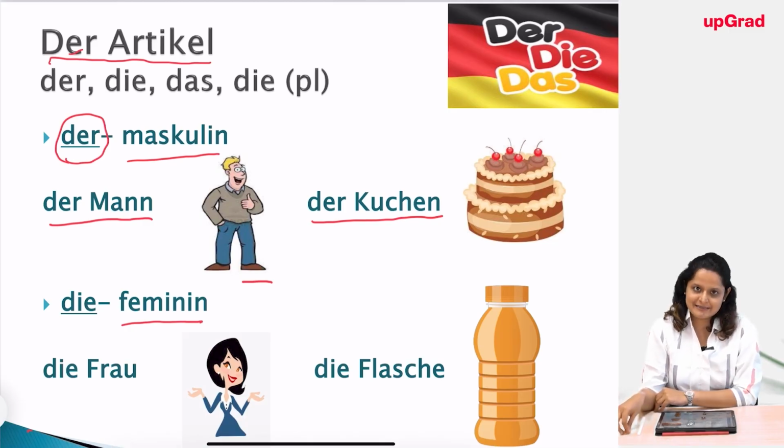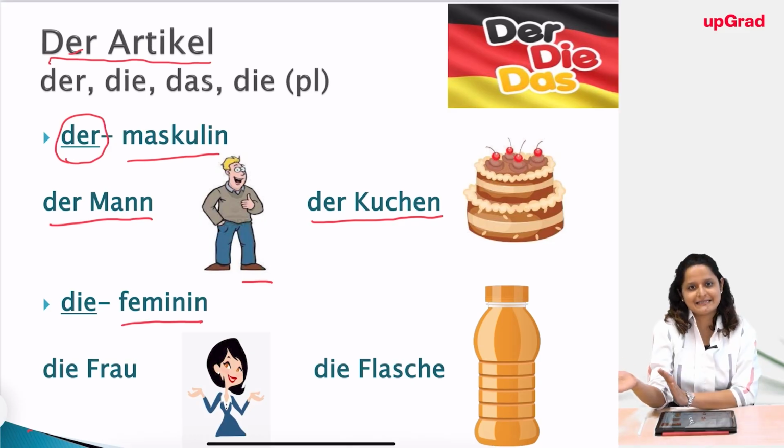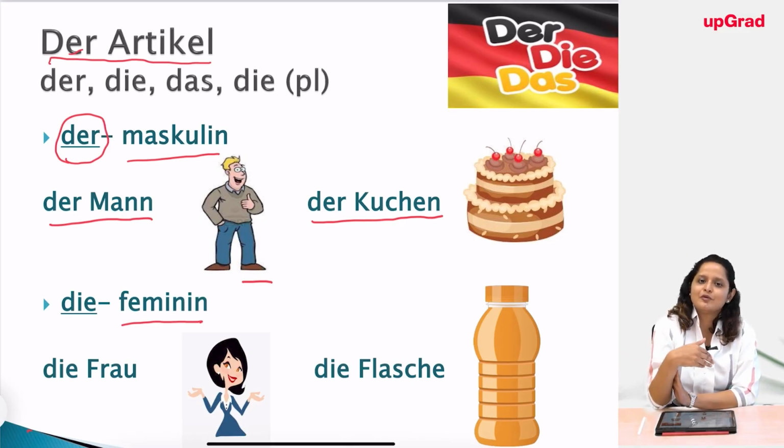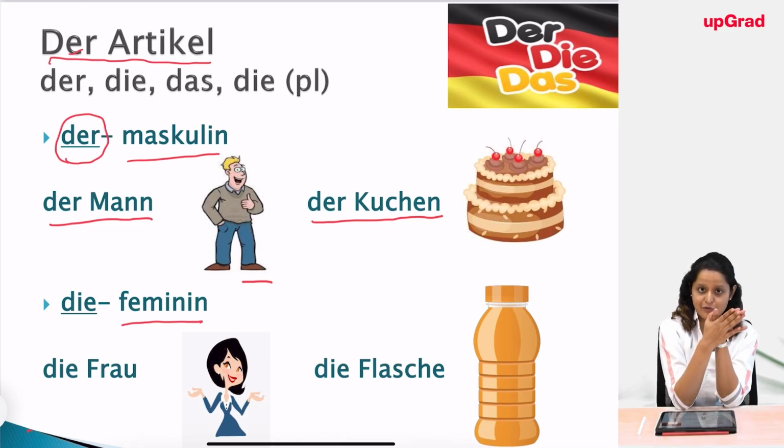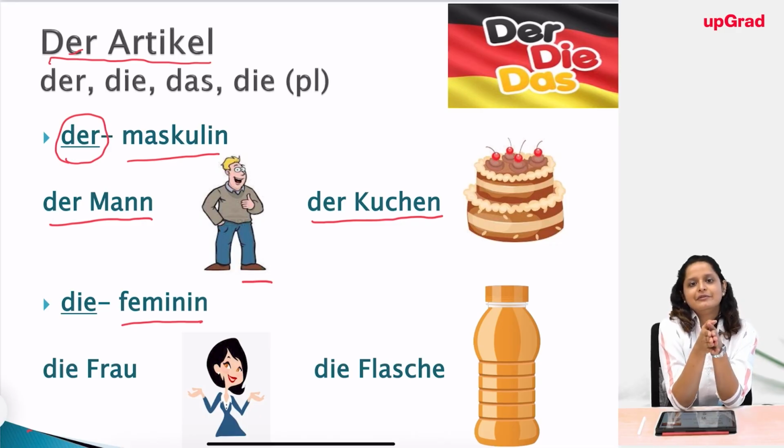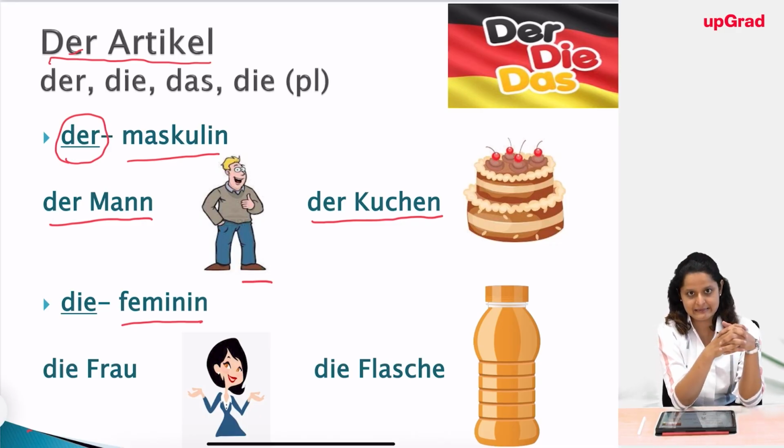You will have masculine nouns which are associated with people as well as things. The same goes for feminine nouns and neutral nouns: they can be associated with both people and things.